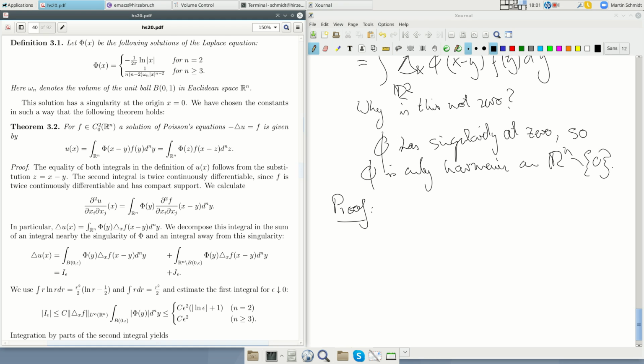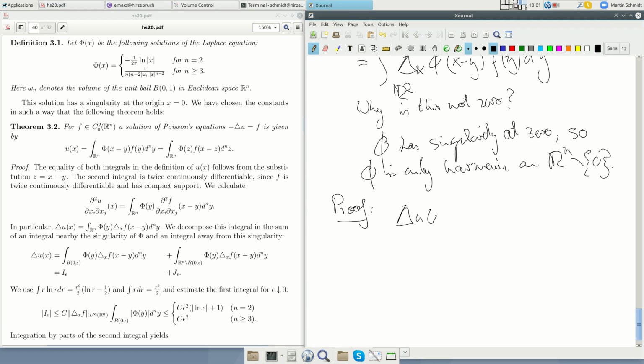So we indeed have Laplacian u of x is, now using this expression, the integral over Rn of phi of y, I take the Laplace operator with respect to x, f of x minus y dy, Lebesgue measure.